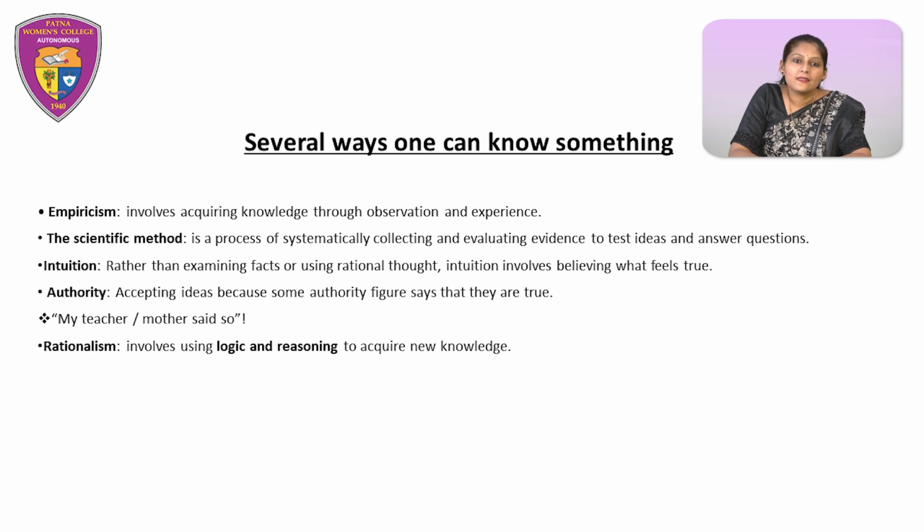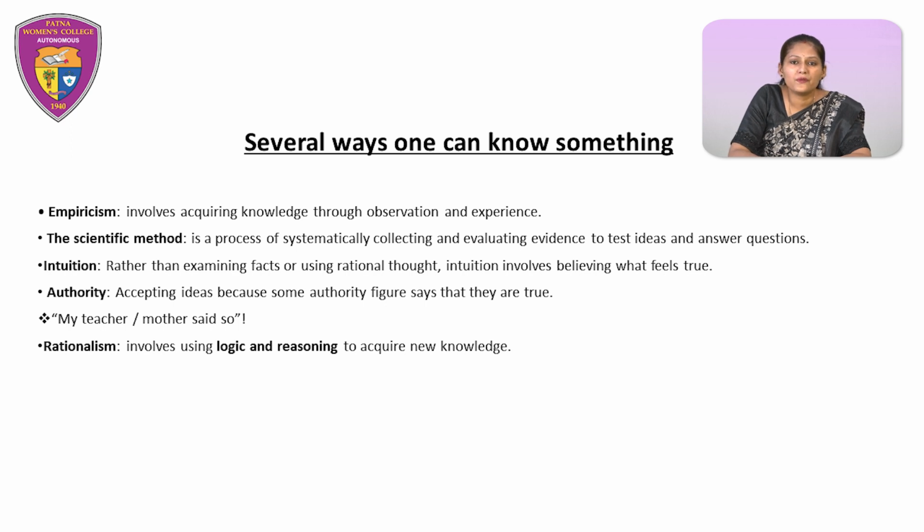So, there are various ways of knowing something like the empirical method. In this method, knowledge is gained through observation and experience. Scientific method. In this method, knowledge or information is being collected in a systematic or sequenced way by evaluating evidence to test ideas and give answers to questions.